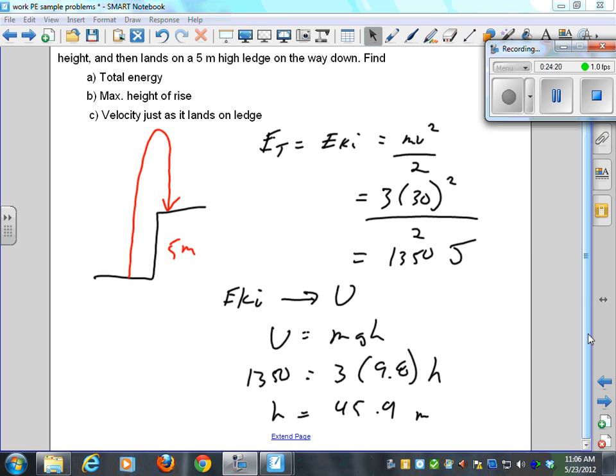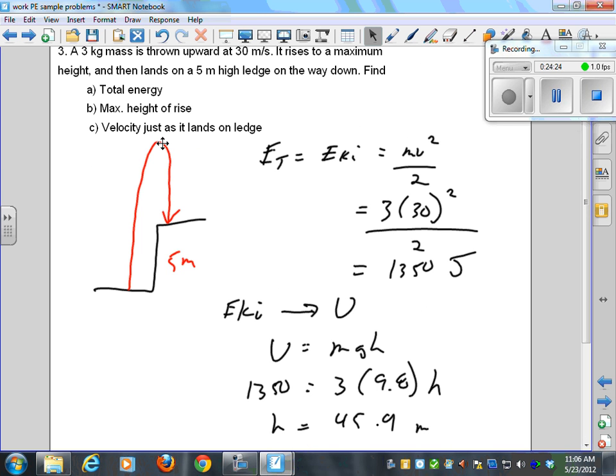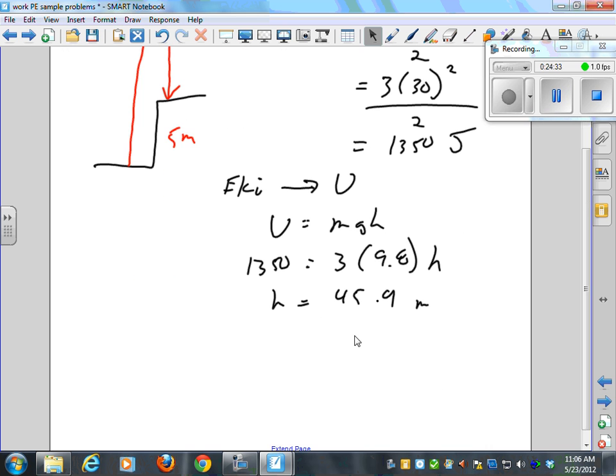How am I going to do part C? Well, we could find out how far it falls. We could use Vf squared equals Vi squared plus 2ad that way, but I'm liking this energy approach. The potential energy at a height of 5 is going to be 3 times 9.8 times 5, which is 147.